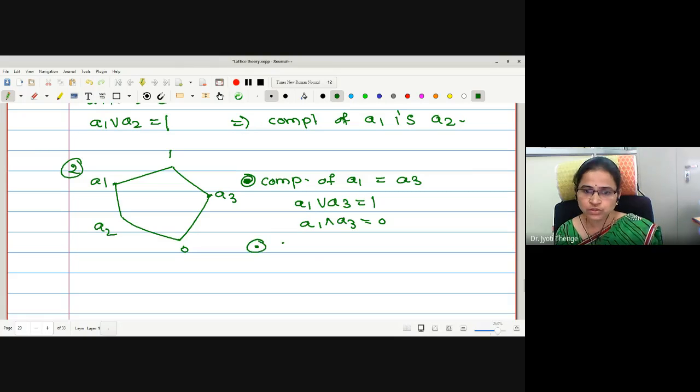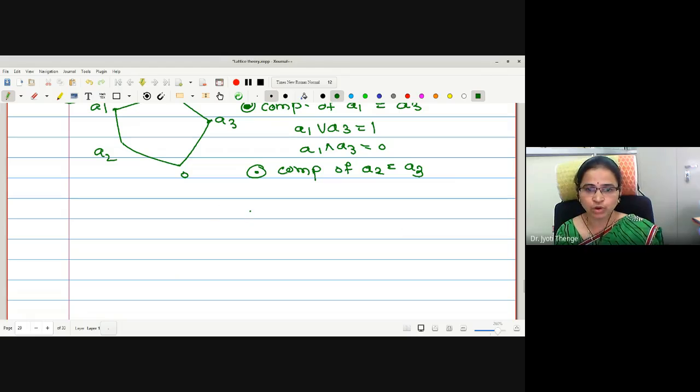What is the complement of A2? On the parallel lines, A2 join A3 is 1 and A2 meet A3 is 0. Correct? Therefore, here the complement of A2 is A3. Let me find the complement of A3.